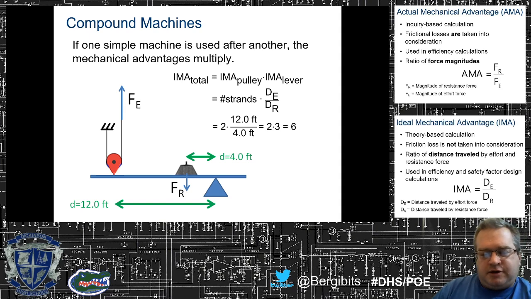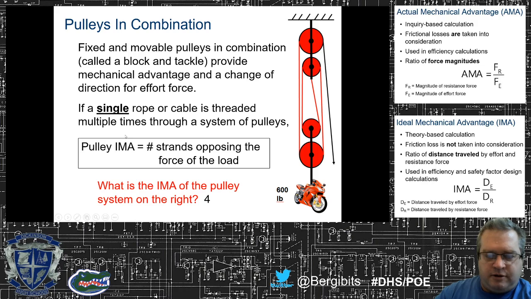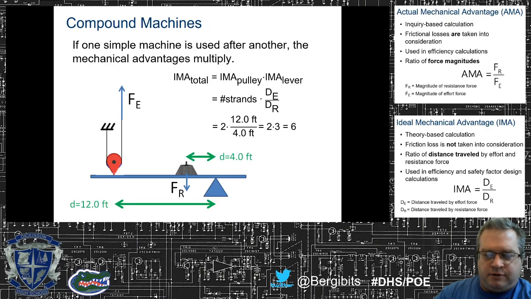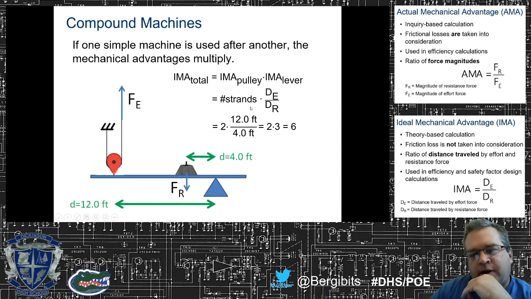You have two strands. This symbol right here is a fixed point, so both of these are providing the opposing force on the load. So IMA pulley, the number of strands, equals 2, times the IMA of a lever.